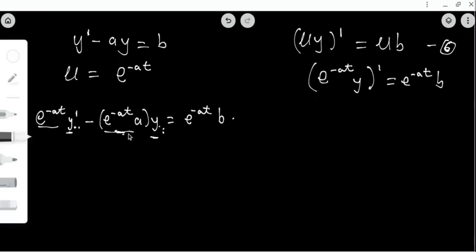If this is the product rule, then if y prime is the derivative of y, then here too this function should be the derivative of this function. Is it making sense?